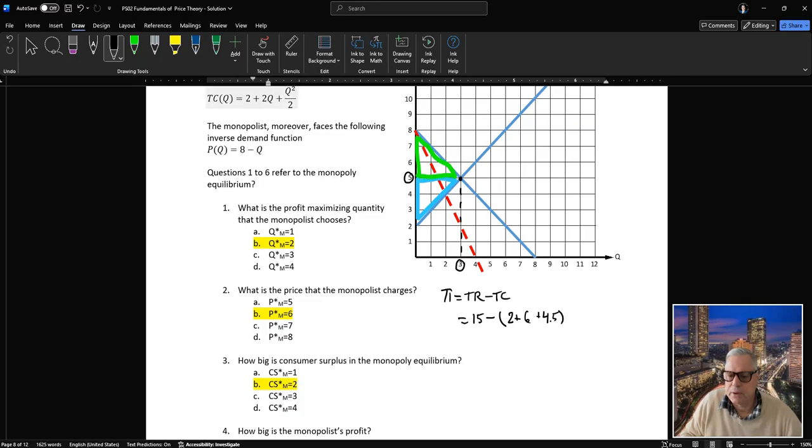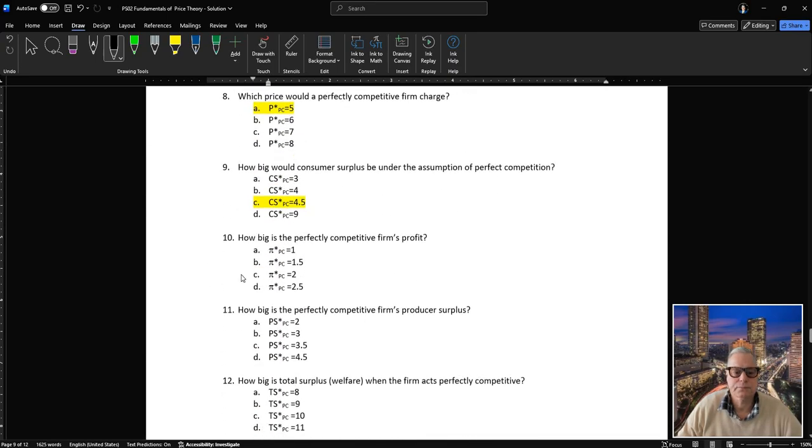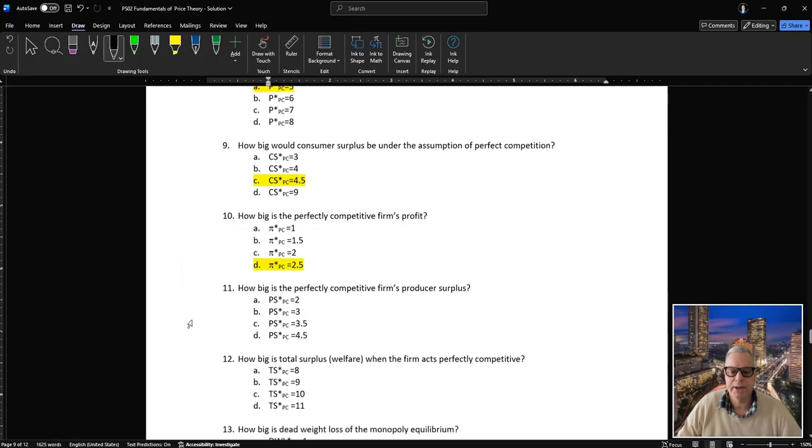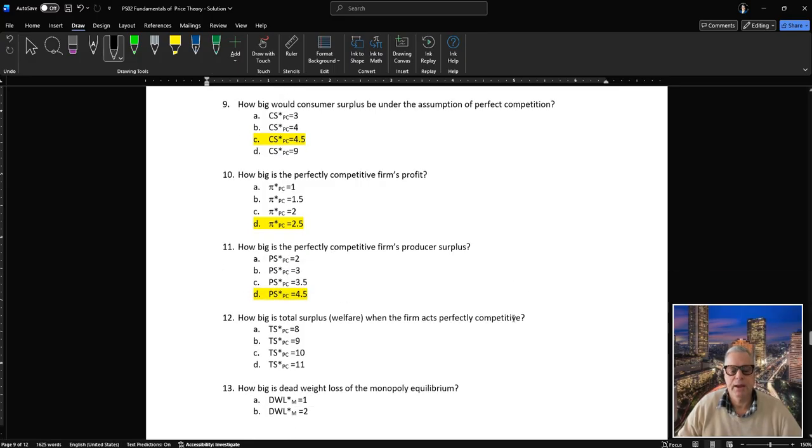So that is 15 minus 12.5 equals 2.5. How big is the perfectly competitive firm's producer surplus? We have already seen this is 4.5. And how big is total surplus? We also saw that is 9, 4.5 for each.